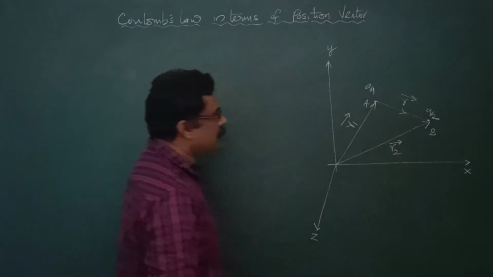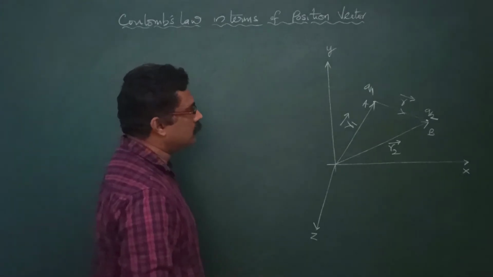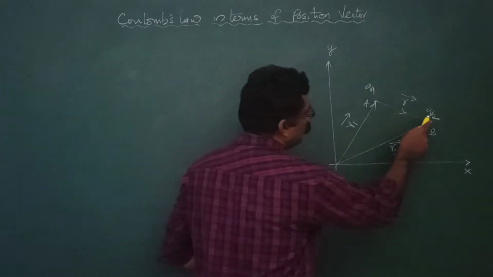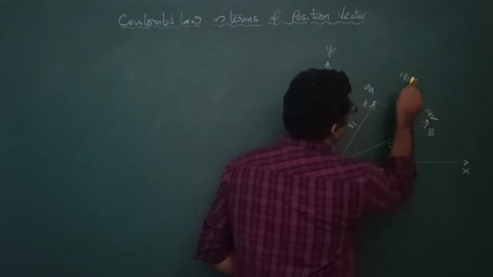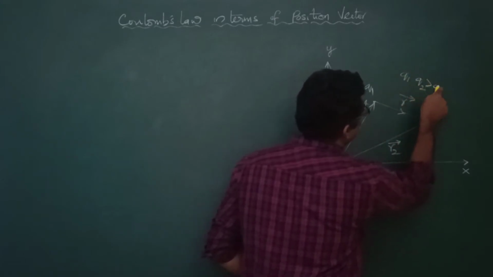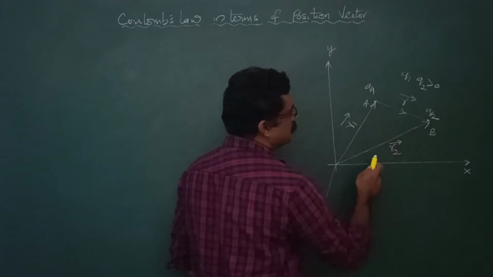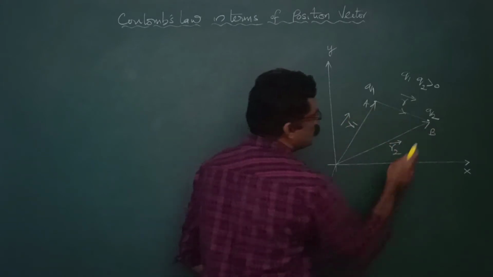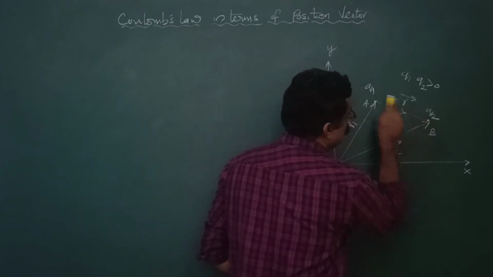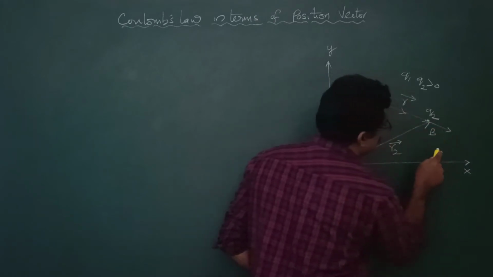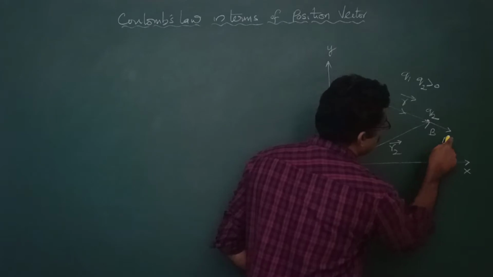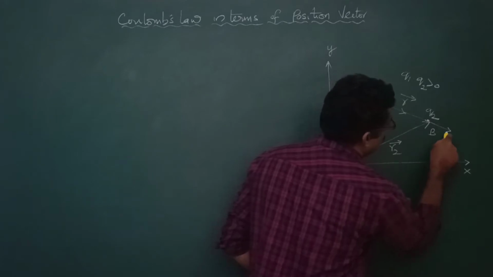Okay, now we already know that there is a force on q2 due to q1, and if q1 q2 is greater than 0, that is if they are like charges, they repel each other. So the force on q2 due to q1 is along this direction, and you can take this force as f21 vector.